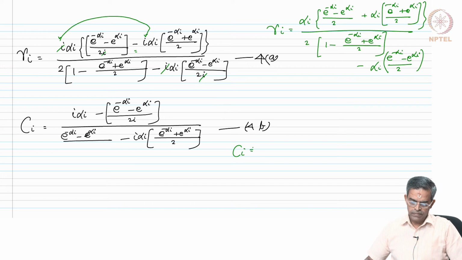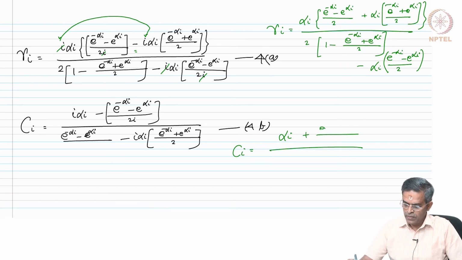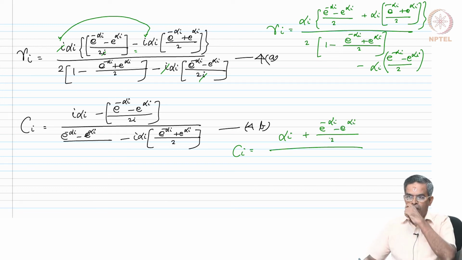So, I can now take a constant and say alpha I plus e to the power of minus alpha I minus alpha I by 2.